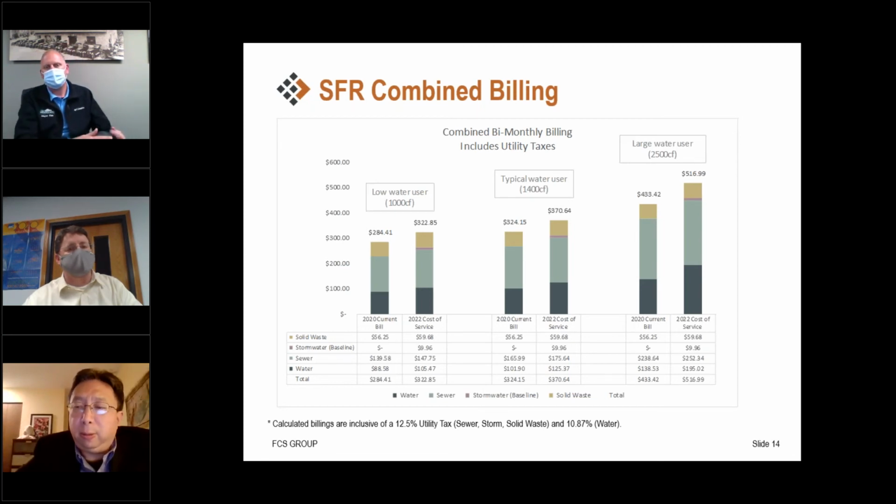Okay. Year two, again, 20%? Well, because the stormwater was added in year one, right? So year two, it wouldn't be. That's right. In year two, it will be a little bit less because stormwater becomes a part of the base.